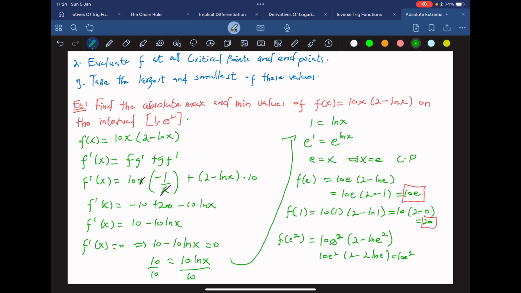Now ln of e is 1, so if you multiply 1 by 2, we get 2. So 2 minus 2 is 0. So over here, all that we have is just times 0, so this gives 0.